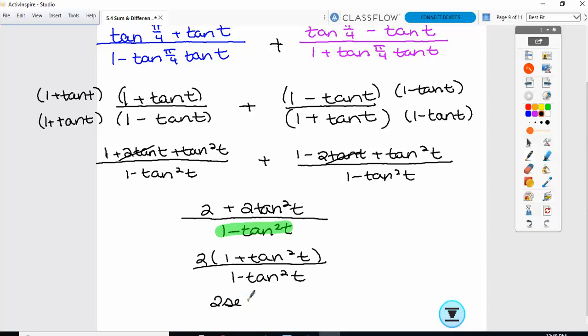What is 1 plus tangent squared t? 2 tangent squared. Questions there?